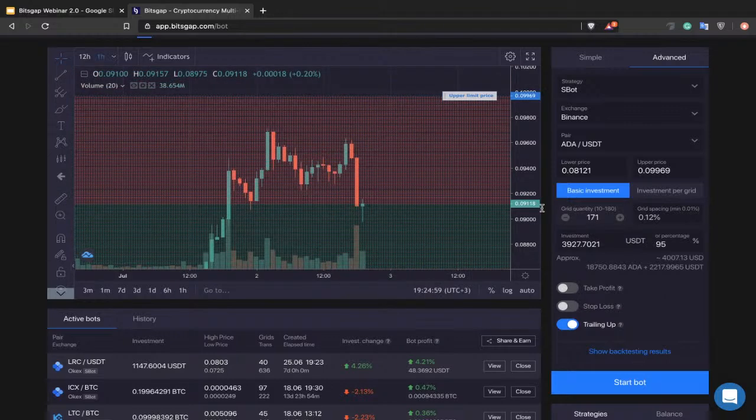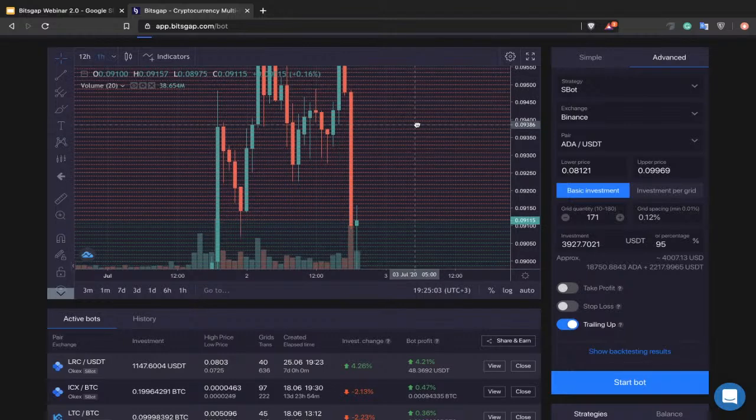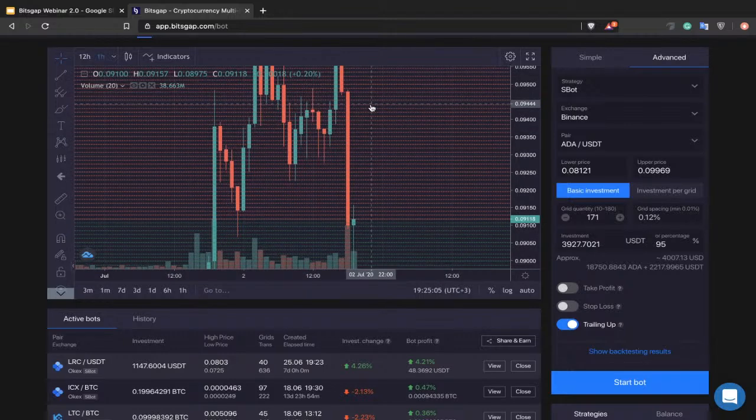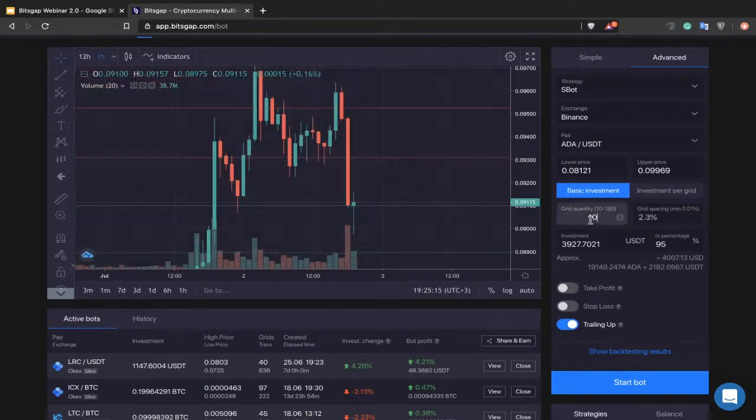You see? So on this falling candle, notice how many grid levels the bot has plotted. So that's the amount of trades it would have executed, all right? Whereas if you place only, let's say, 10 grid levels, notice that you would only have 1, 2. So that would be only 2 trade executions.